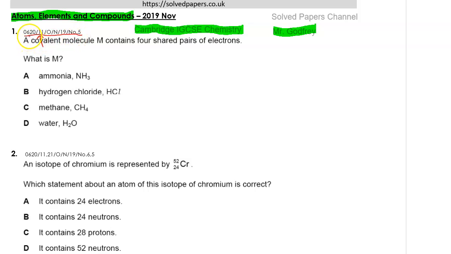Of course, 0620 is the exam code for chemistry. N basically means October-November, and 19 is 2019. So this will help you know where the question has been set from, be able to refer to it if you so wish, and also check the marking scheme if you want to cross-check.